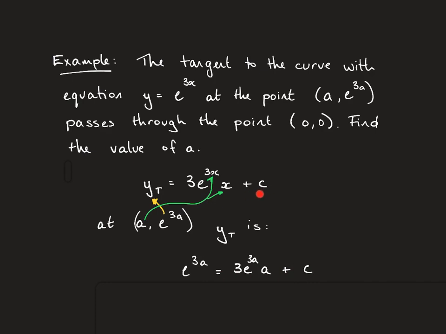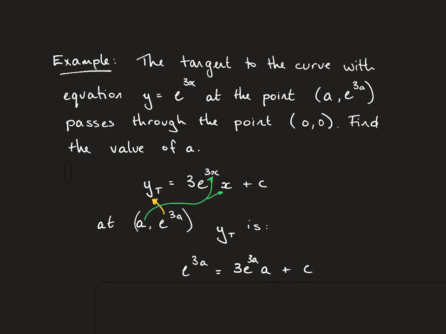So what I'm going to do for this solution, I'm going to get the whole equation of the tangent to, instead of being in terms of x, be in terms of a, so that I can solve it to find this a. So let's see how we go about that. So we have e to the 3a equals 3e to the 3a times a plus c.